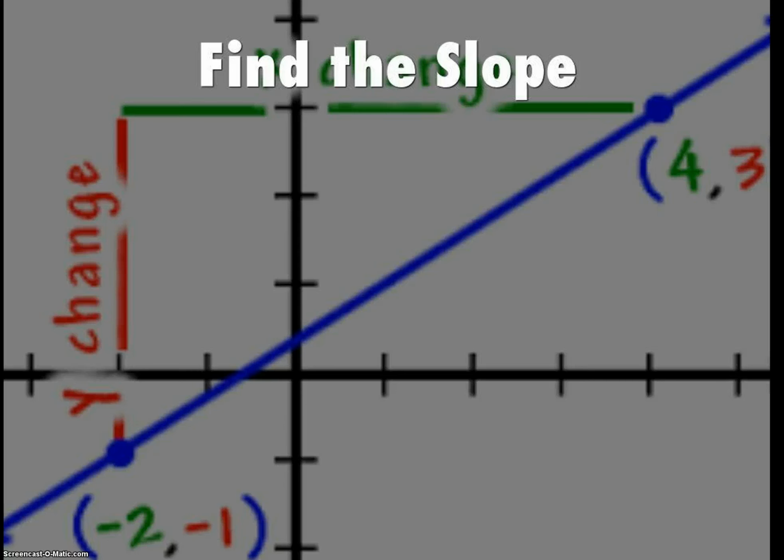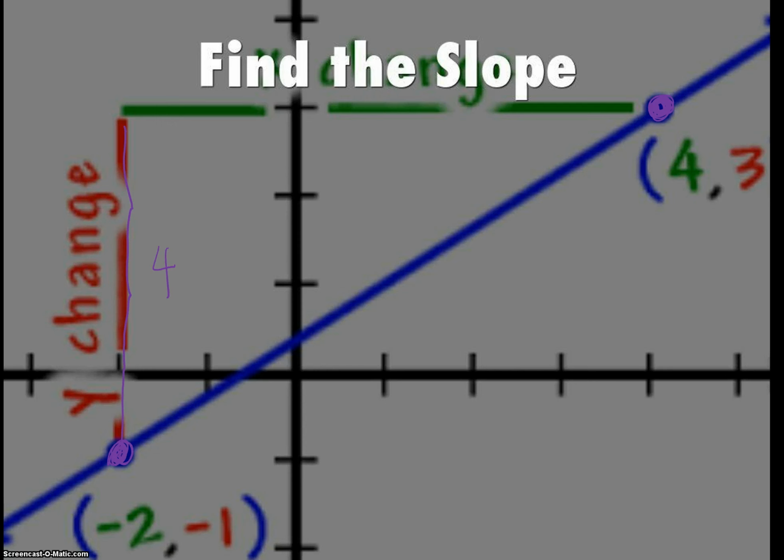So if I had 2 points like this and I wanted to find the slope, I'm always going to want to start on my left-hand side. So I'm going to start at this point right here, and I'm going to move to this point right here. Now, it doesn't technically matter today that you know the ordered pairs. In the future, it might help you if you don't have a graph, but you can figure out the slope by going rise over run. So I always start at my left-hand side, and I'm going to go up 1, 2, 3, 4 units.